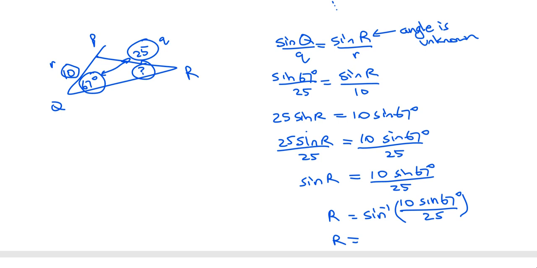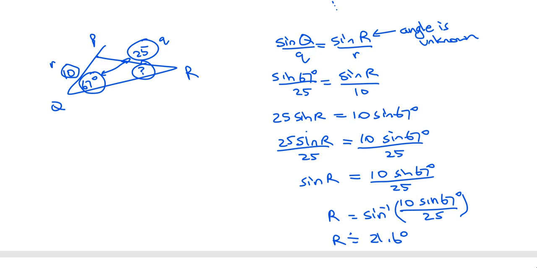My calculator does not open the bracket, so I will put in a bracket. 10 sine 67 divided by 25, close the bracket, and I get 21.6 degrees, approximately 21.6 degrees. And I know it's degrees because it's an angle that I'm looking for. So now we've used the sine law to find missing side and missing angle.